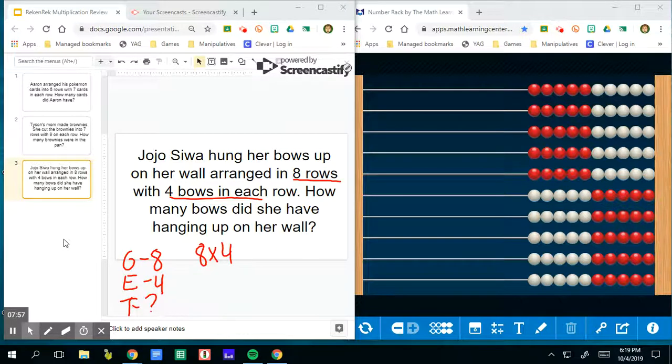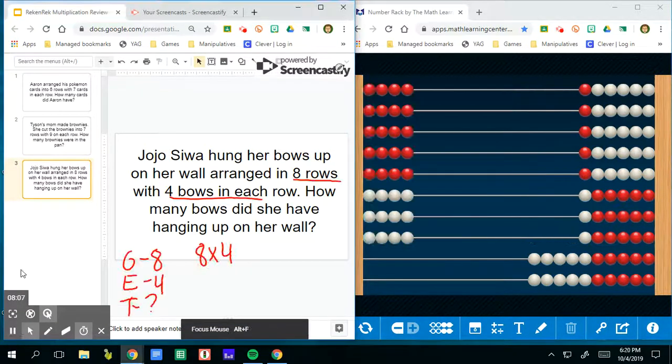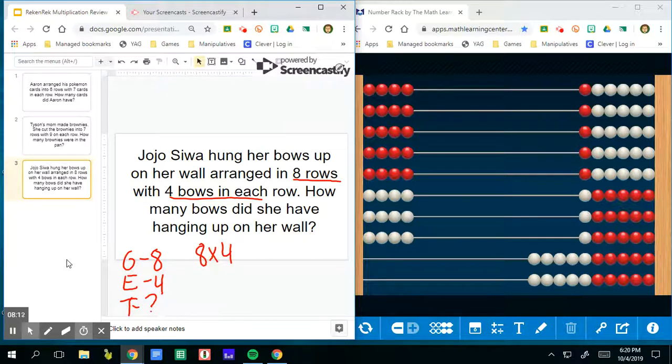And on my Rekenrek, it tells you how many rows and how much I need in each row. I need 8 rows with 4 in each. So let's make that now in a Rekenrek. So here's 8 rows with 4 in each. Instead of counting all those beads, I am going to cut it right down the middle.